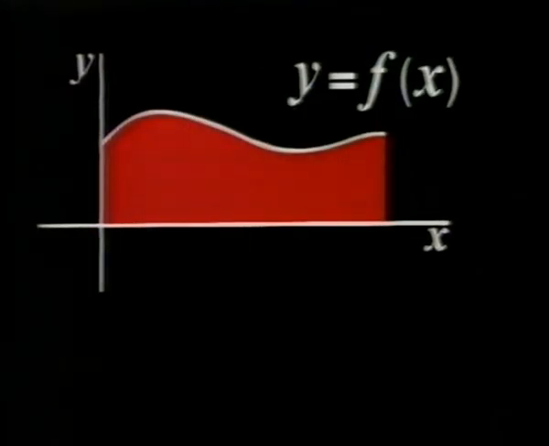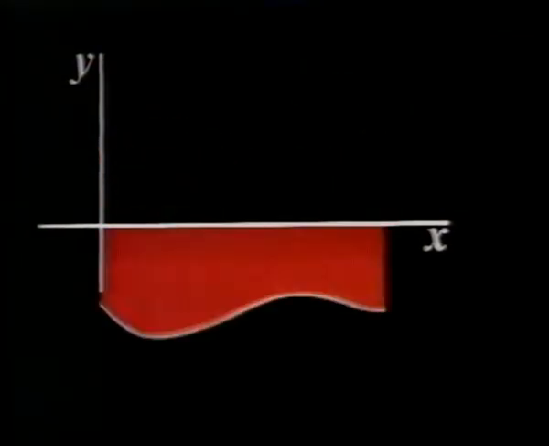Now one way of getting volumes with circular cross-section is to take the area under a curve and rotate it about the x-axis. A volume like this is called a volume of revolution.